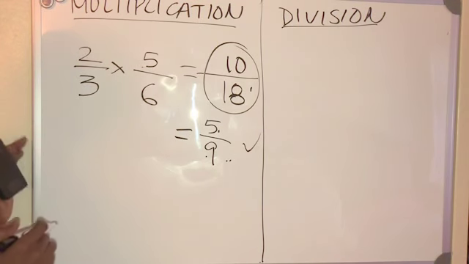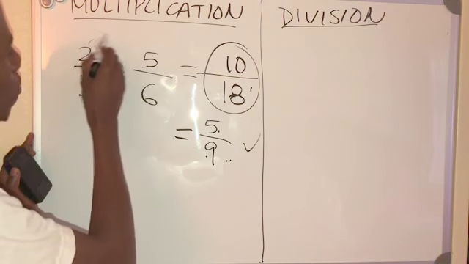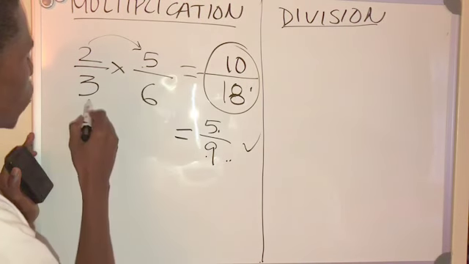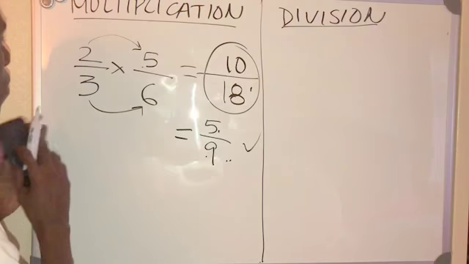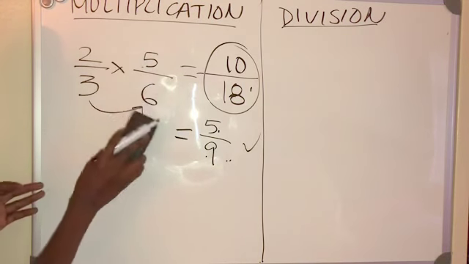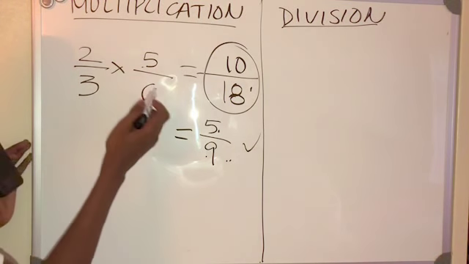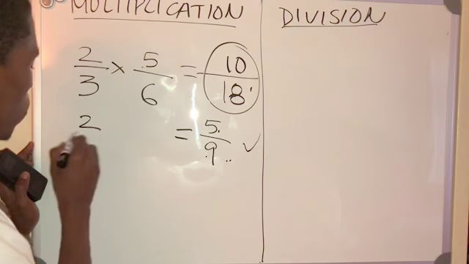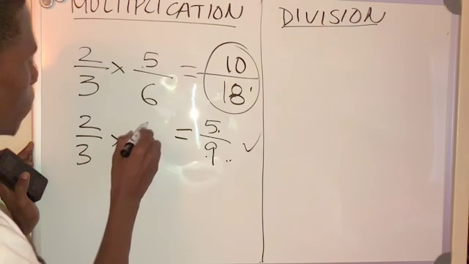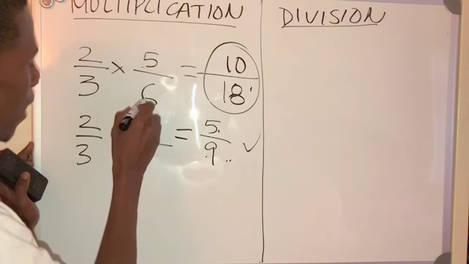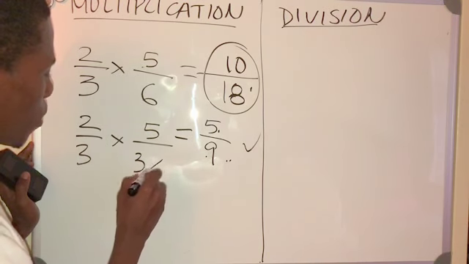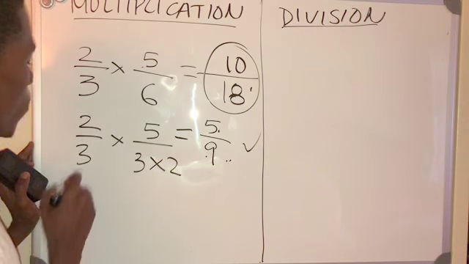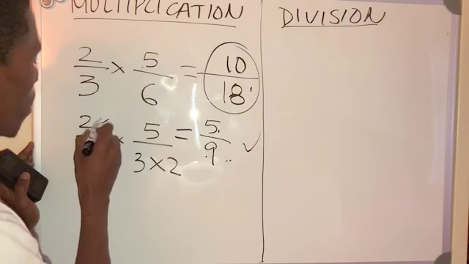Okay, so that's how it was. So I say 2 times 5 is 10. 3 times 6 is 18. So like I said, if you want to simplify before you multiply the numbers, you can say, okay, that's 2/3 times 5 over. I can write 6 as 3 times 2, and I can write 2 as 2 times 1.